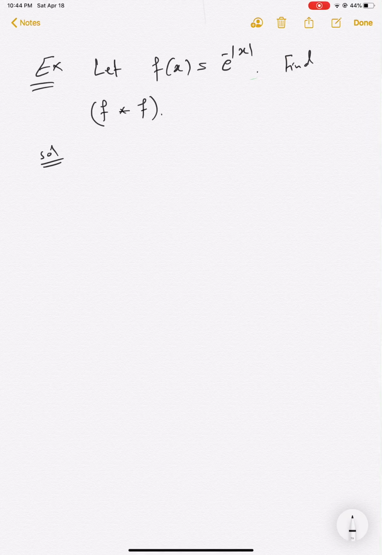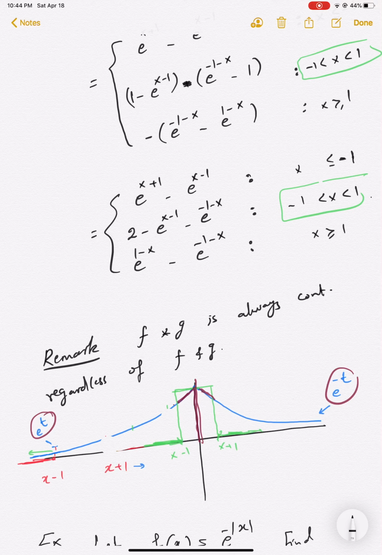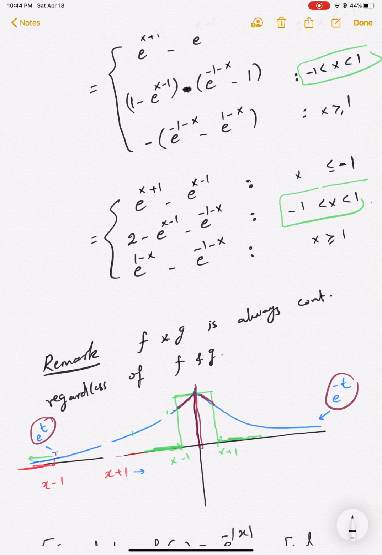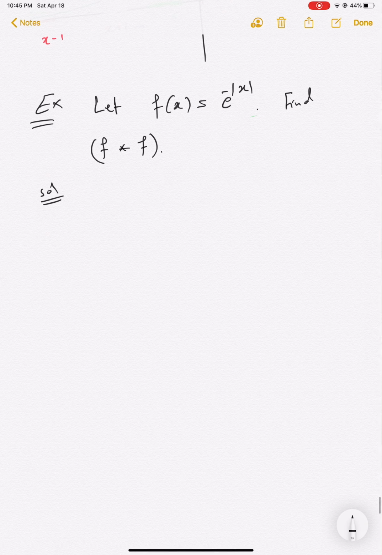Remember, in the previous example, what we found in the end of the computations was the convolution of the function e to the minus x convolved with the rectangular function, which is 1 over the interval -1 and 1, 0 outside that interval. Okay, so in this example, I want to find the convolution of this function with itself.